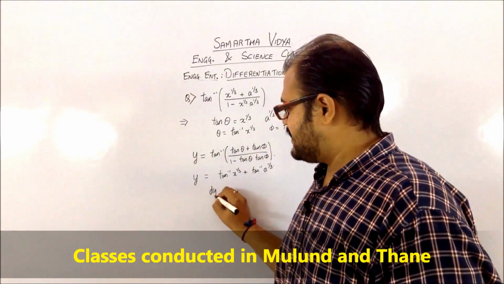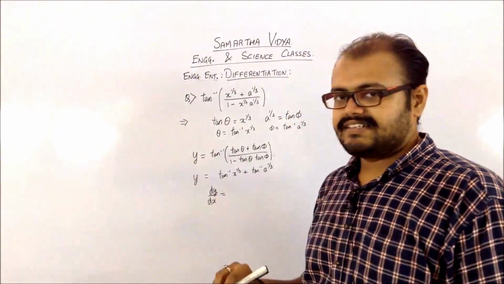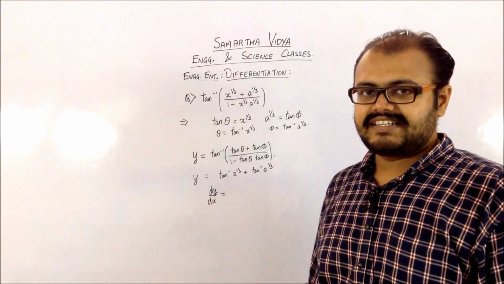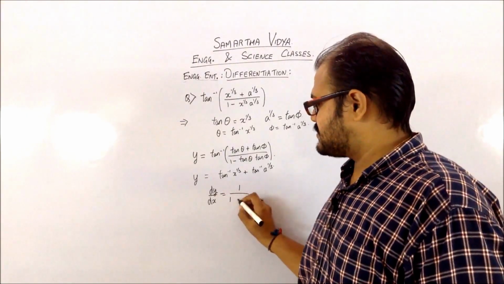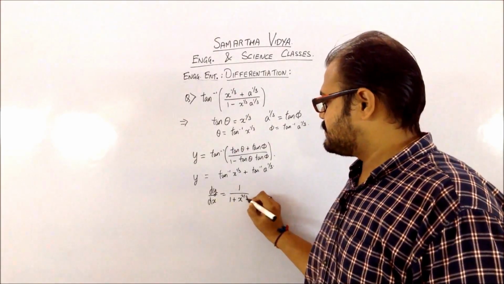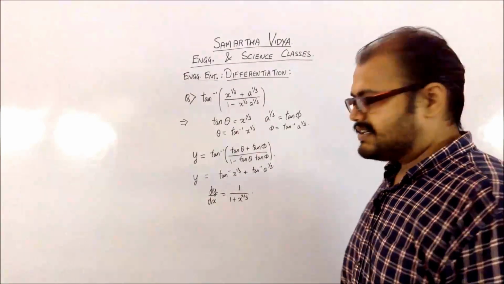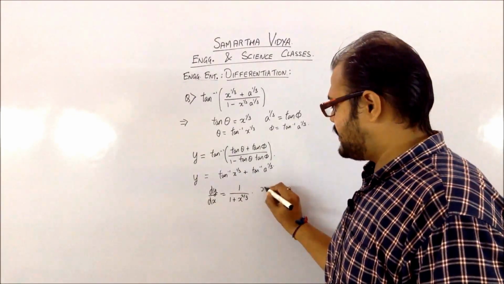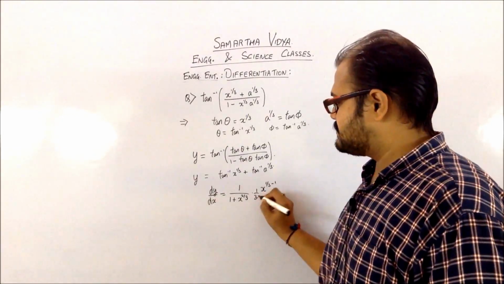So your dy by dx will be, first you can see that there is a tan inverse term, so we will be finding the derivative of tan inverse. So that is 1 upon 1 plus x square, so that's going to be 1 plus x raised to 2 by 3 into the derivative of x raised to 1 by 3. So that's going to be x raised to 1 by 3 minus 1 into 1 by 3.